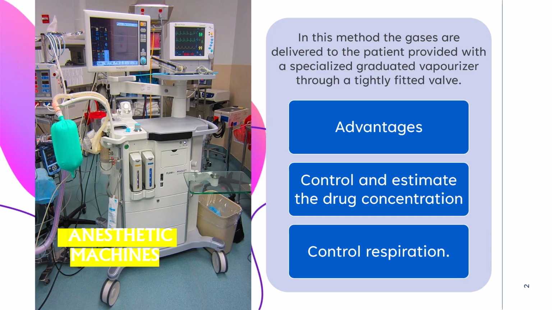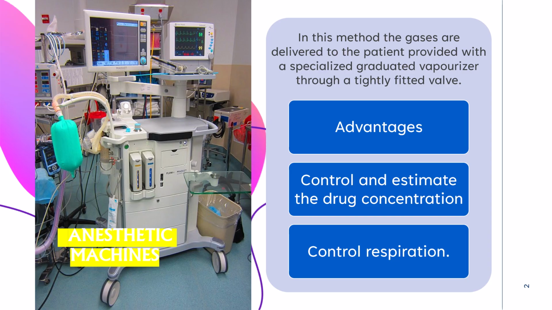One more advantage of this method is respiration. The respiratory rate is also under control. If the respiratory rate increases, it may lead to problems, so we can control respiration by using anesthetic machines.